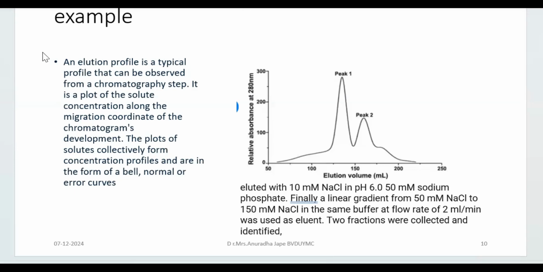The graph is, as you are seeing in the slide here, on the x-axis you have elution volume. So whether the analyte came in the first 5 ml, or the first 10 ml, or 100 ml, that fraction, right? So elution volume is on the x-axis, and the signal that comes using the detection system is plotted on the y-axis.